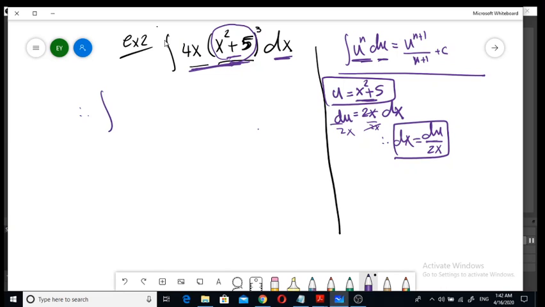Then the integral of 4x, leave it as it is, then u cubed times dx, which is du over 2x. Then easily we can simplify 2x with 4x. X cancelled with x, and 4 over 2 is 2.